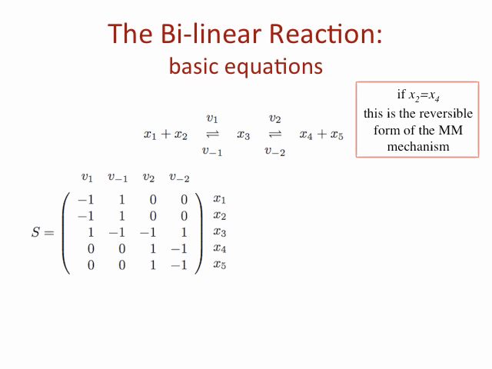The stoichiometric matrix here is easy to form: 4 columns for the 4 reactions, 5 rows for the 5 compounds involved. Here I draw 2 dashed boxes around 2 blocks in this matrix, and you will identify them as being identically the same as the stoichiometric matrix for a single bilinear reaction.